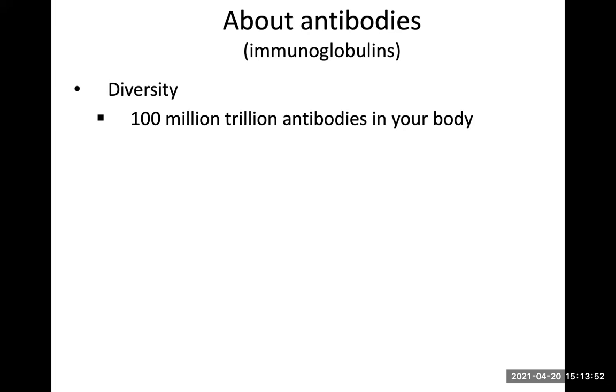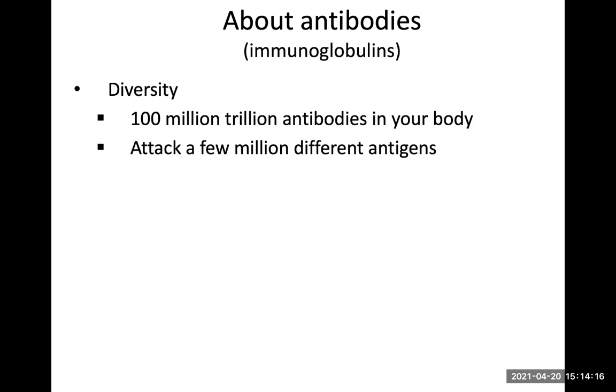Every time you encounter an antigen and make antibodies against it, those become circulating in your blood. So we can attack a few million different antigens. And of course, you wouldn't have just one antibody per antigen, right? You're going to have lots of antibodies per antigen.